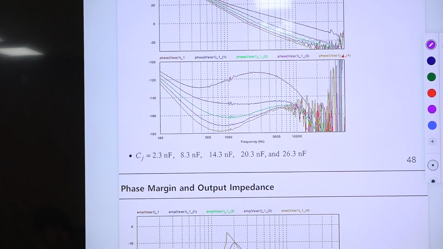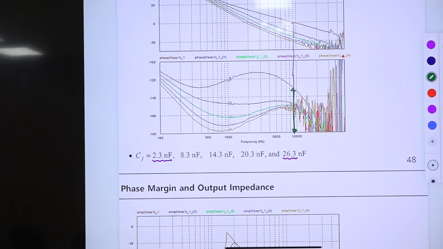So the CJ was varied by maybe 10 times. Then first was this one. This red curve is, oh, I don't see clearly, getting old. Then phase margin is this one. First case, phase margin is this much.